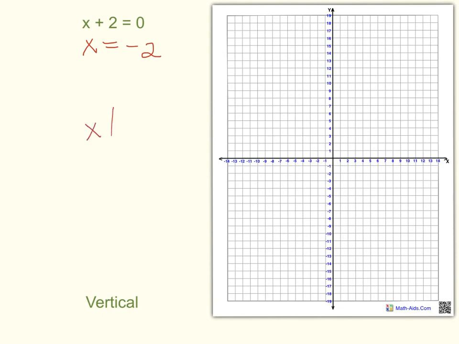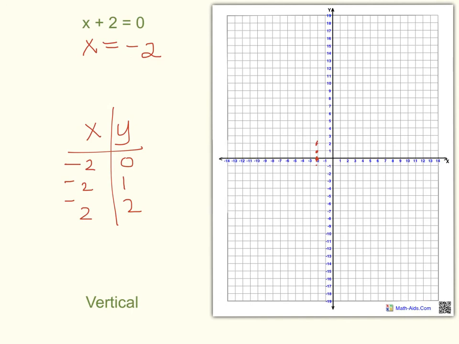Let me prove it to you. If I were to create a t-chart for this, x would be -2, -2, -2. No matter what I choose for y, x would be -2 due to this equation. X is -2. No matter what, x is -2. So what happens is you go to -2, 0, -2, 1, -2, 2, and you get a vertical line.